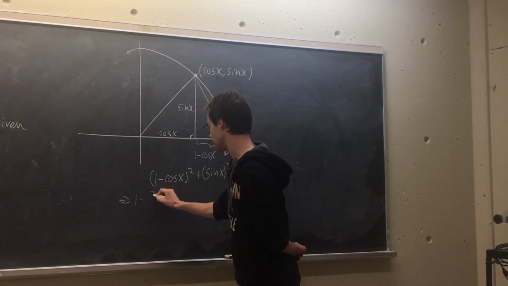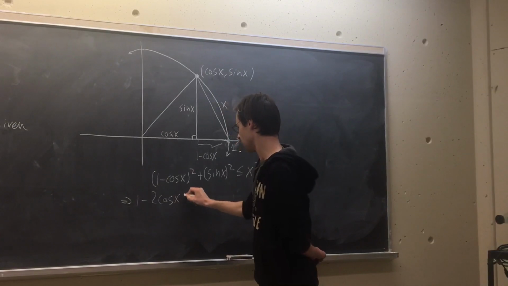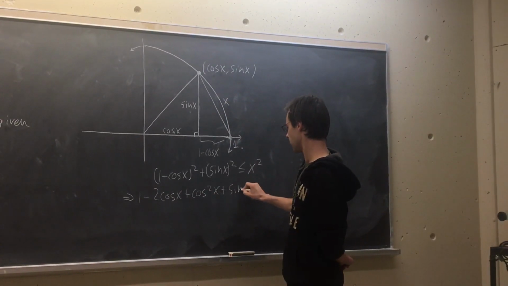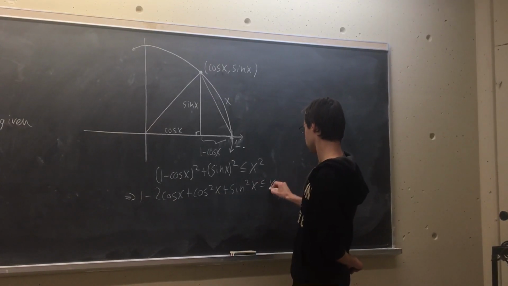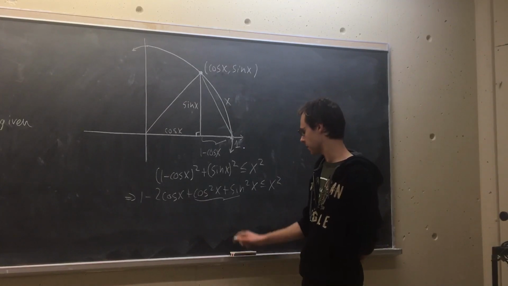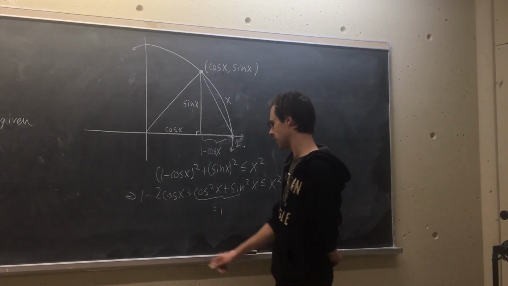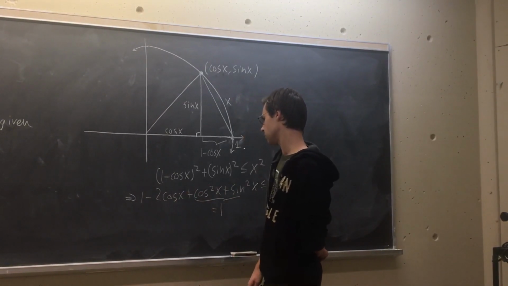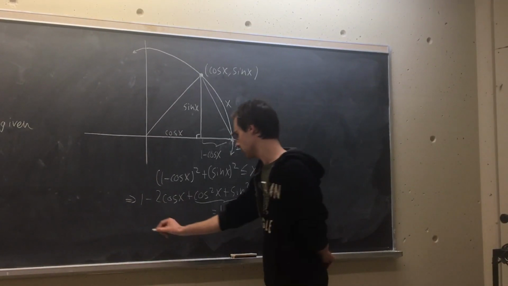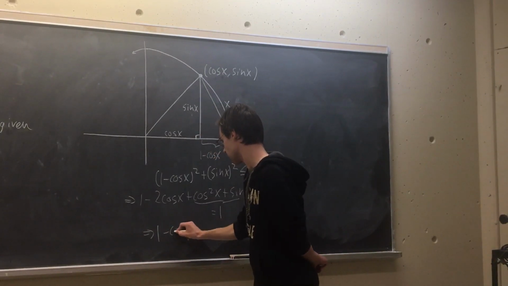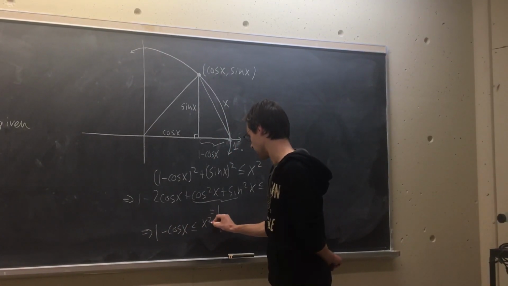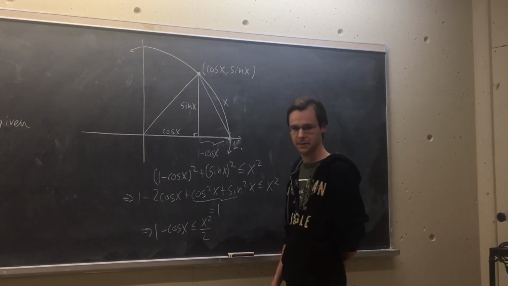We get that 1 minus 2 cos x plus cos squared x plus sine squared x is less than or equal to x squared. And of course, cos squared x plus sine squared x equals 1. So we get that 2 minus 2 cos x is less than or equal to x squared, or 1 minus cos x, if we divide through by 2, is less than or equal to x squared over 2.